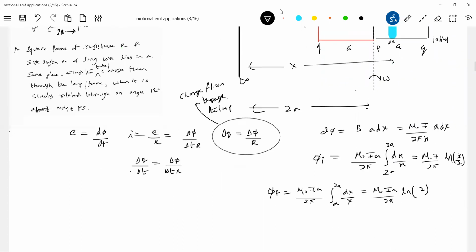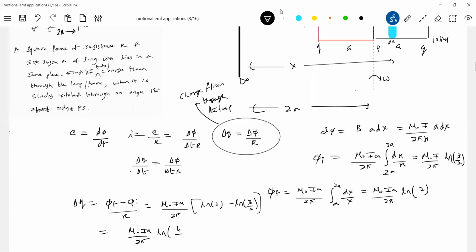So delta Q is equal to the difference in flux. Which flux will be more? The initial flux will be more than the final flux, no? Take the difference of this. So this will be mu naught I A by 2 pi, log 2 minus log of 3 by 2, which is mu naught I A by 2 pi, log of 4 by 3, by resistance R.